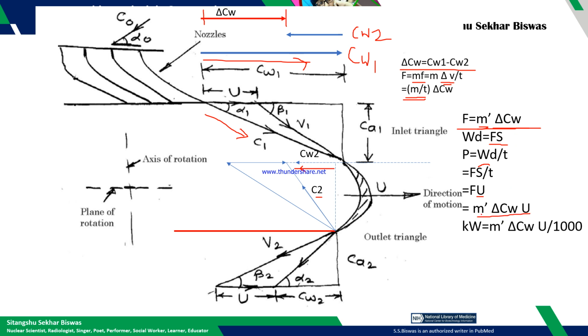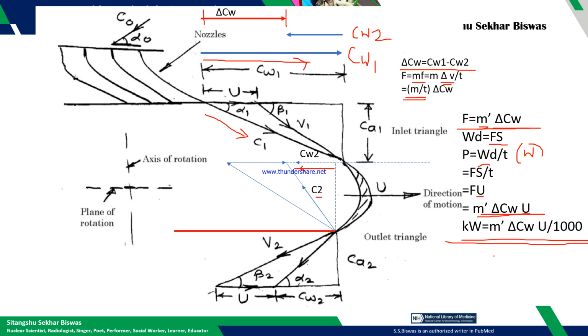So it comes like this, and this is in watt. This P is in watt. Kilowatt means you have to divide by 1000. So this is the power required, meaning this is the power of the turbine at the output shaft.